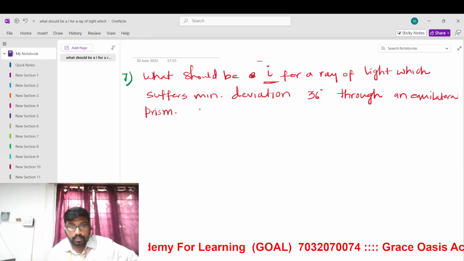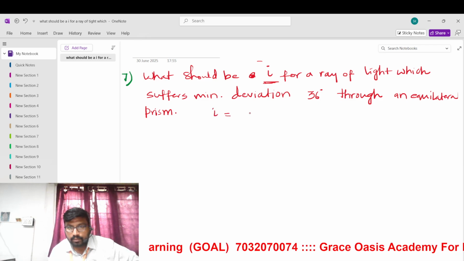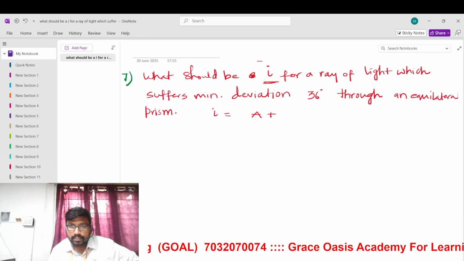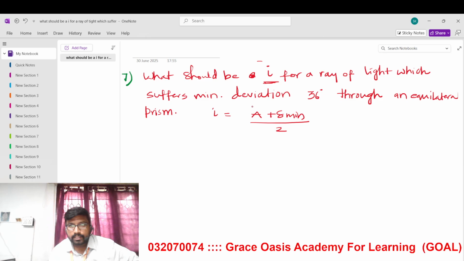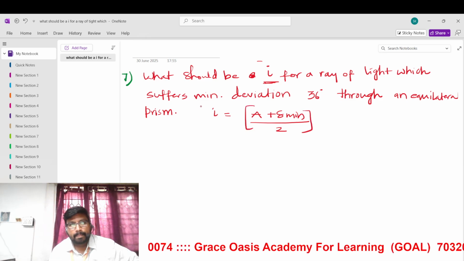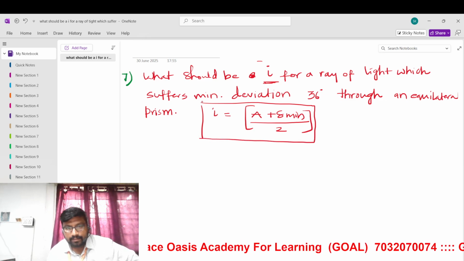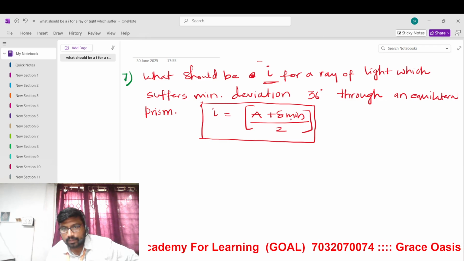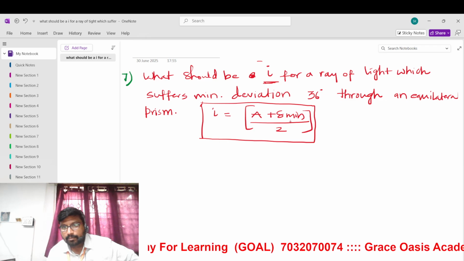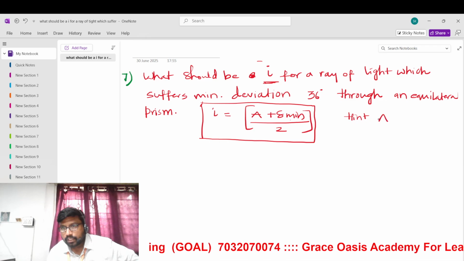So here the formula is i equals A plus delta minimum by 2. In the previous question, they gave the i value and the A value and asked for delta minimum. Now in the hint they have given the A value also.